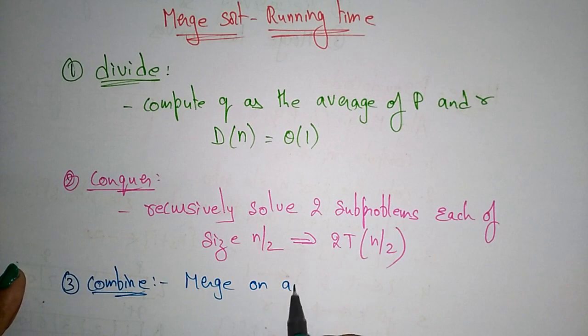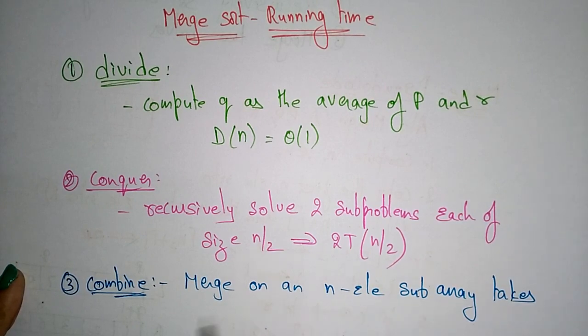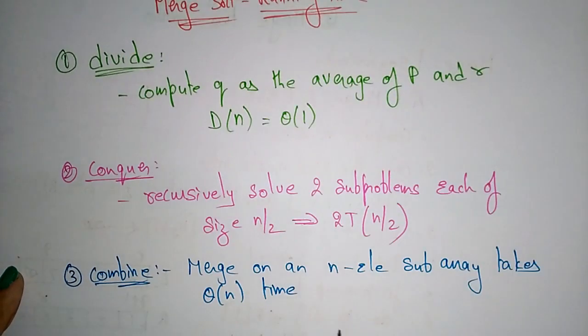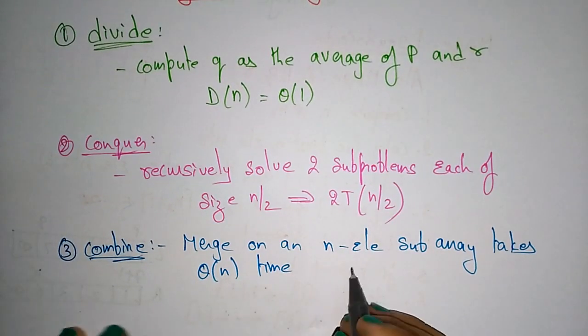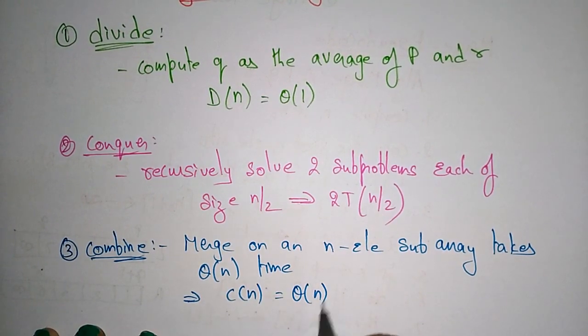Merge on an n-element subarray takes theta of n time. So C of n is theta of n.